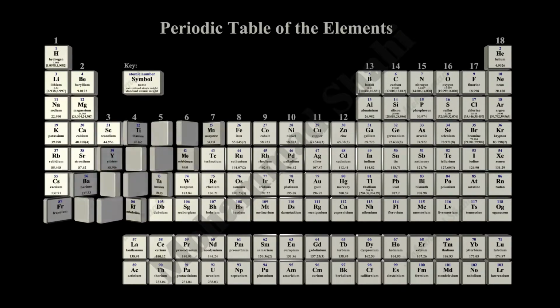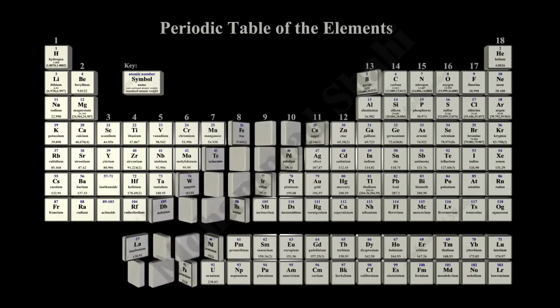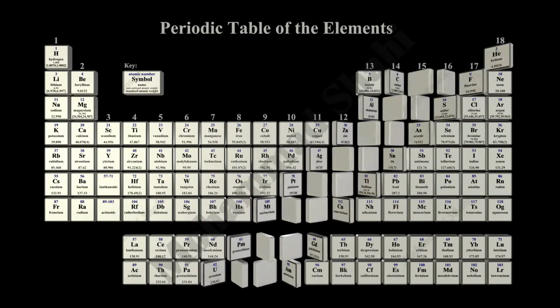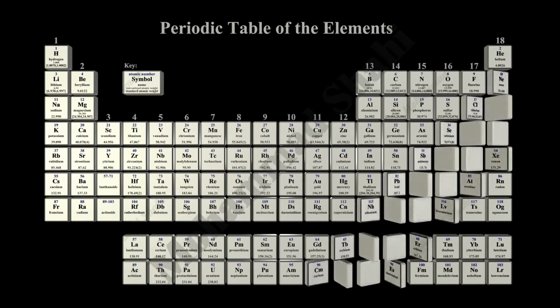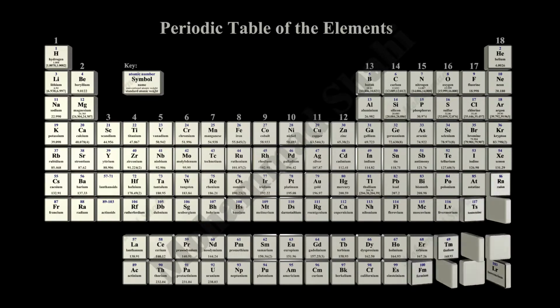So we can conclude that the underlying basis of the arrangement of the periodic table and any associated behavior is the electronic configuration of atoms and its associated recurring pattern.